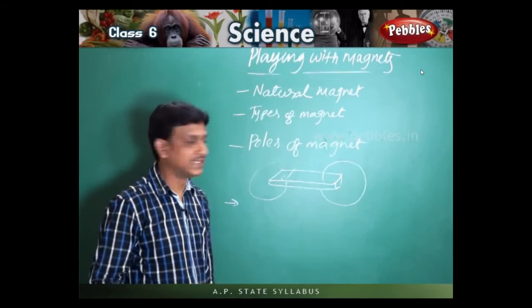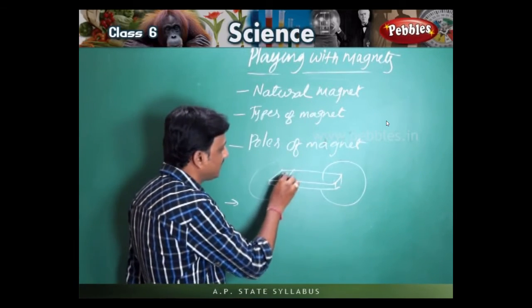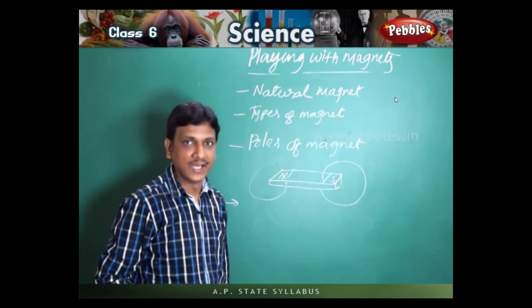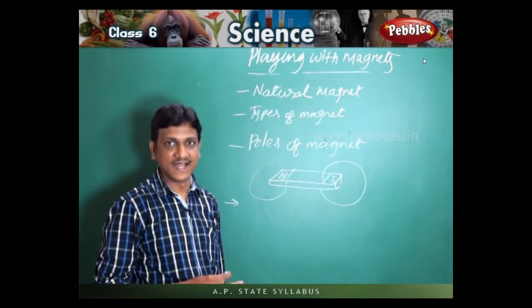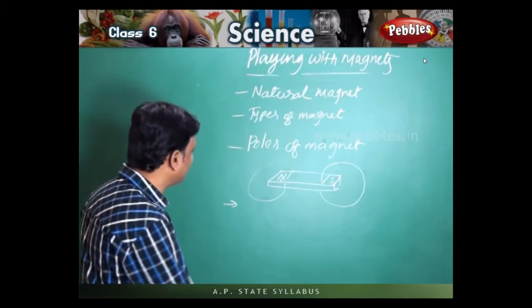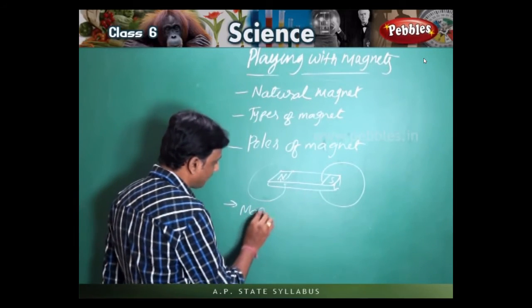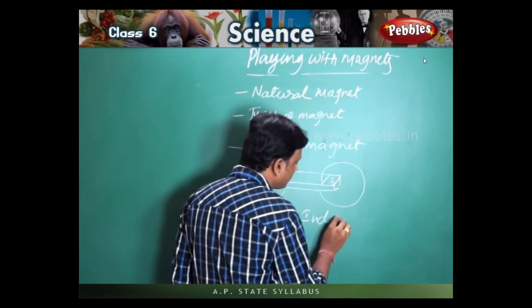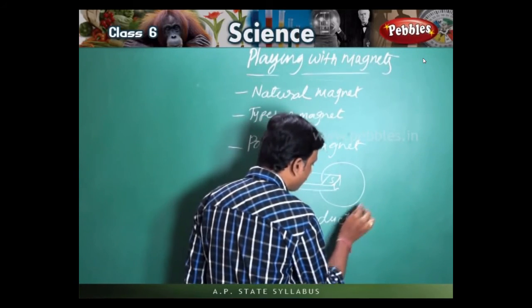And one more thing we learned about the poles: each magnet has two poles, one north and the other south, and the opposite poles attract each other. And the other thing we learned about a magnet is magnetic induction. So what is this magnetic induction?